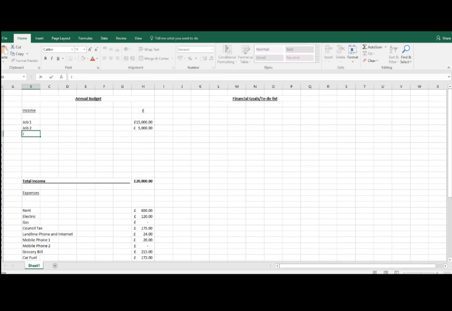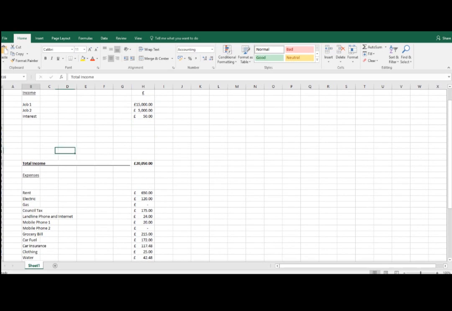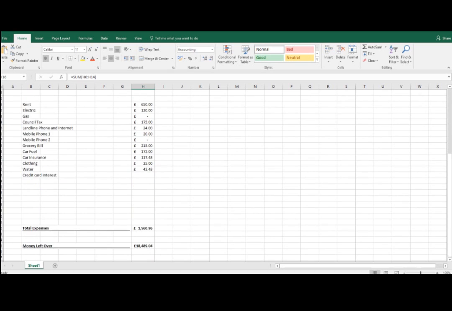Perhaps you have interest on savings. There could be some sort of welfare or state benefit you receive, perhaps a pension. All of this can be listed here. And we would list the figures. This is our budget. This is money in. So total income, total money in is just over £20,000.